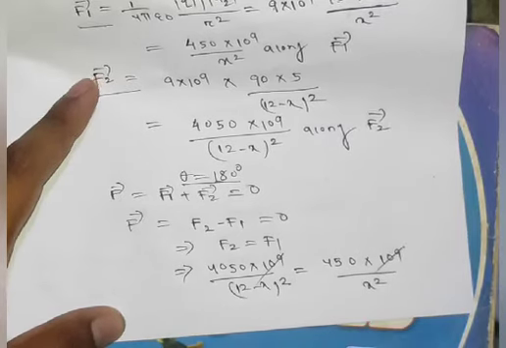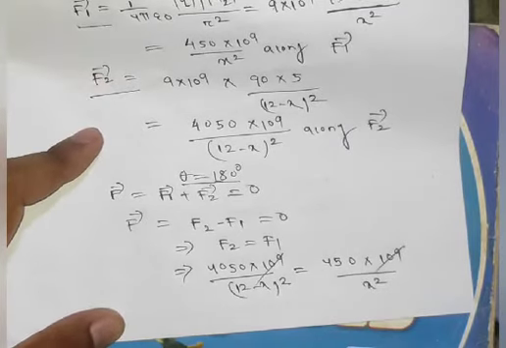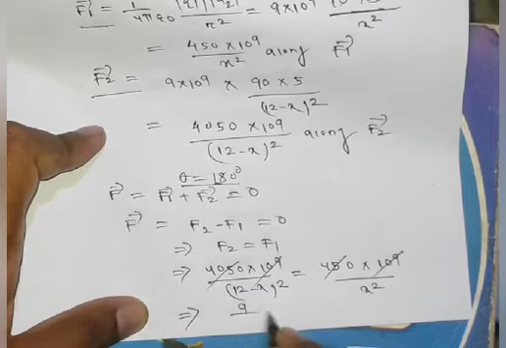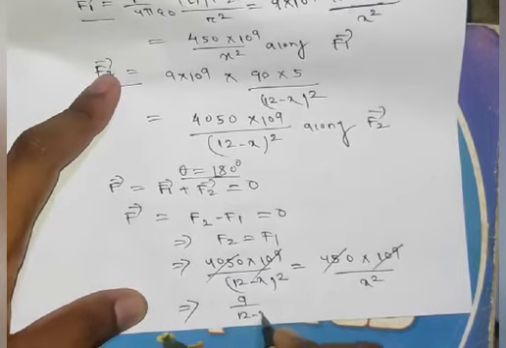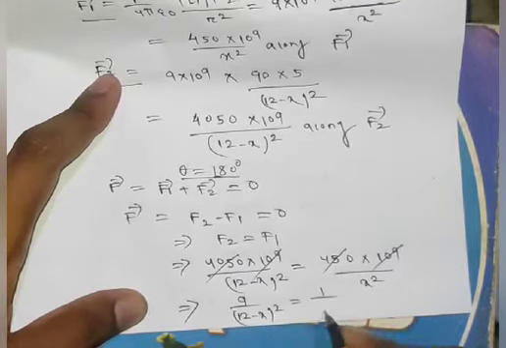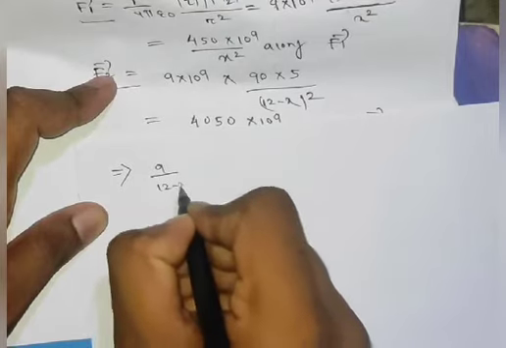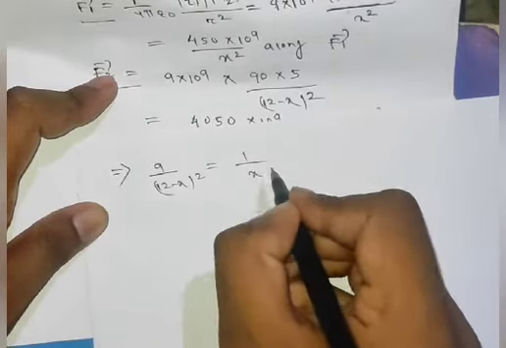So 10 to the power 9 cancels on both sides, and 4050 divided by 450 will be 9. It will be 9 by 12 minus x whole square, and this is 1 by x square.